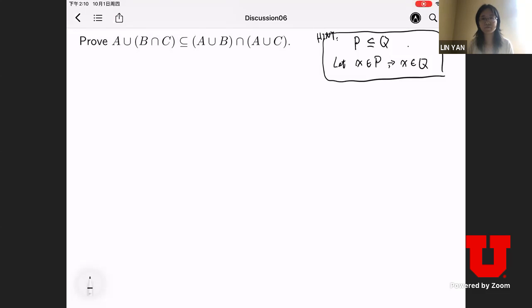Let's start. We choose an element from the left-hand side.